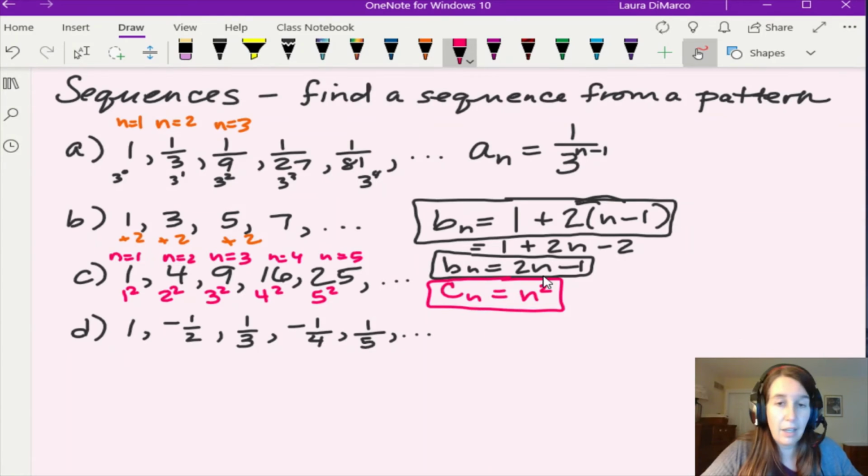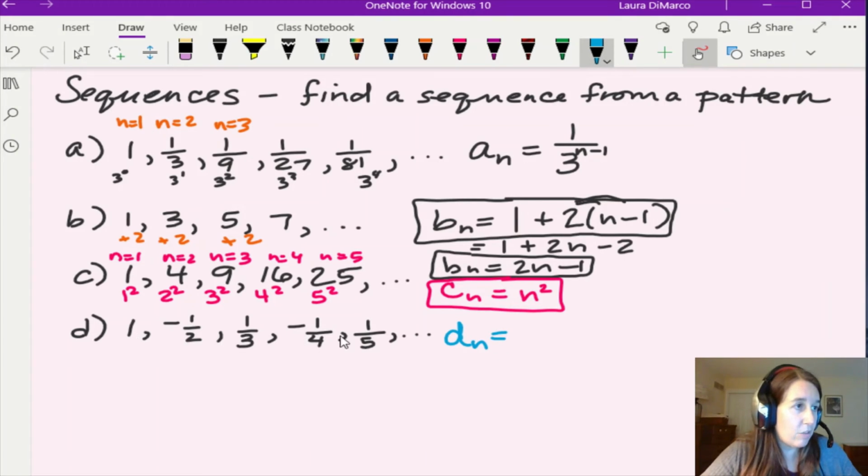Okay, for the last one, I'm seeing a lot going on here. First of all, I'm dividing by something, right? And secondly, my sign is changing positive and negative. So I've got to multiply by something maybe to change positives and negatives. All right, so let's call this d sub n.